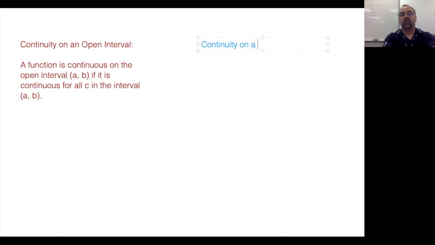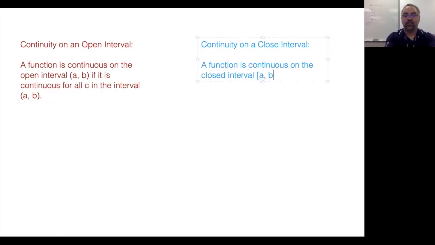A function is continuous on the closed interval a to b. Well, I can't just say if it's continuous for all the points in the interval a to b, including the endpoints.